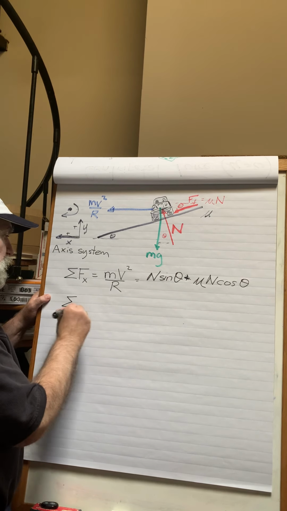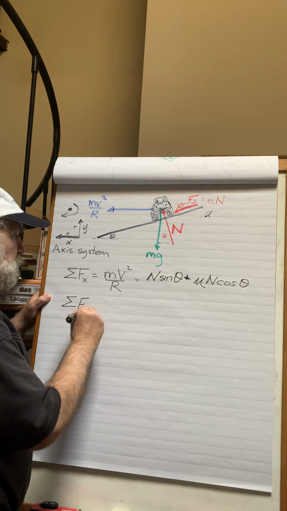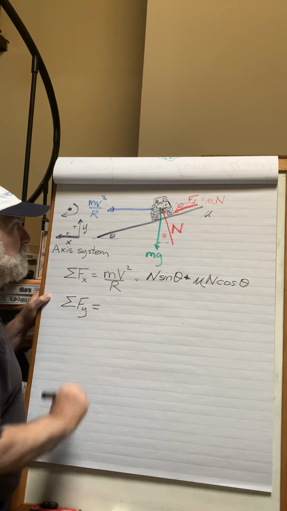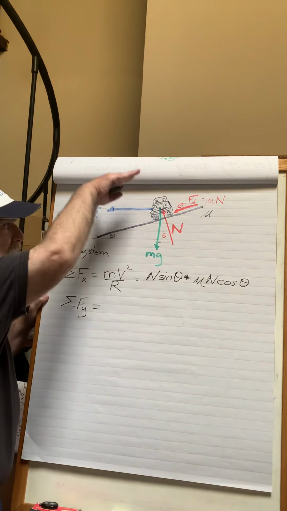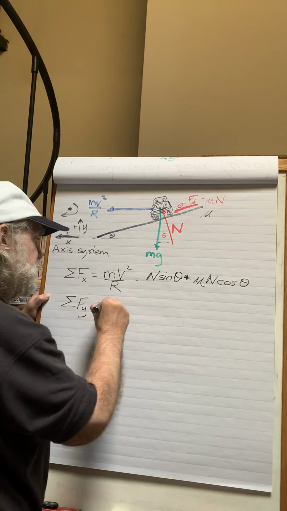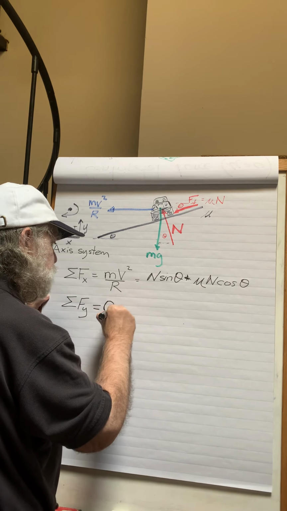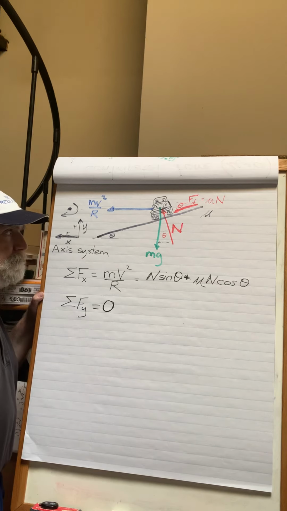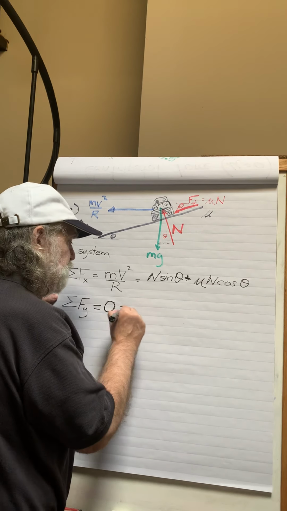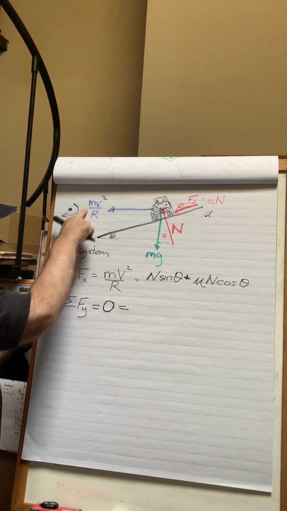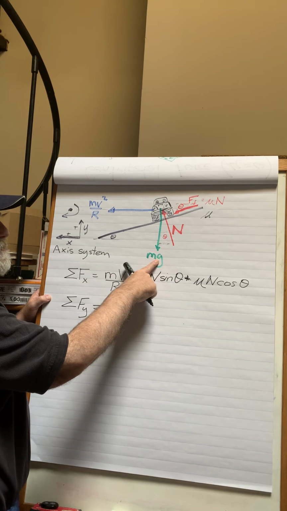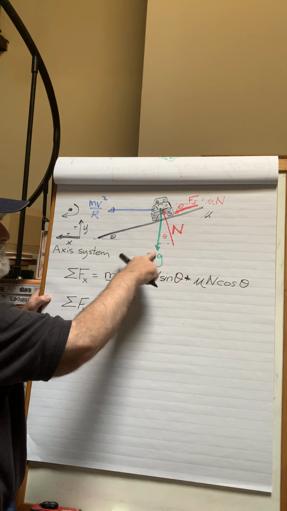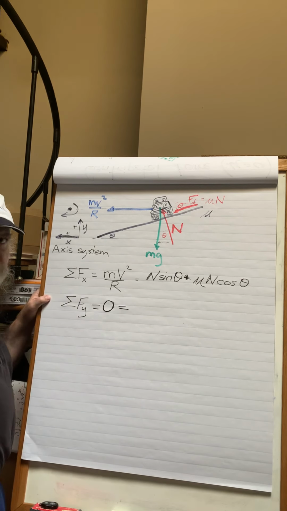What are the sum of the forces in the y direction? The car will start to slip when the y direction, up and down, is 0. That is the limiting case of slippage. And what are the sum of the forces in the y direction? Well, we have negative mg, because it's positive downward and we're counting up as positive.